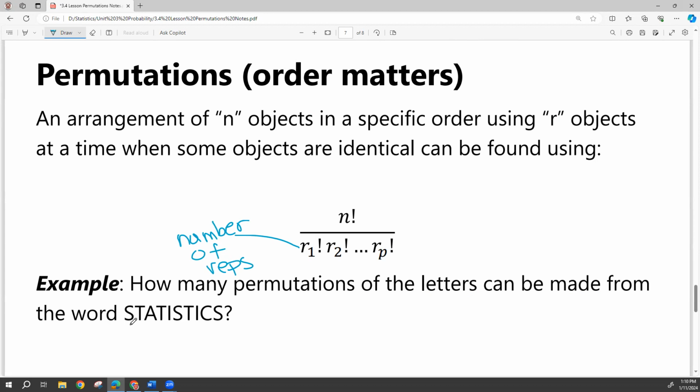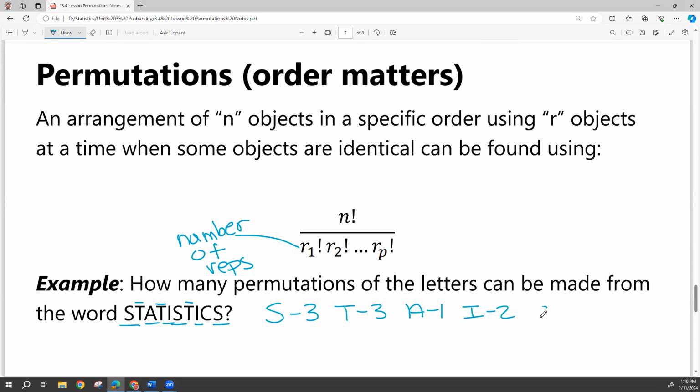So for example, our first item in statistics is the letter S. There are 3 S's, so r1 for us would be 3 factorial. We have 1, 2, 3 T's. We have 1 A. We have 1, 2 I's.